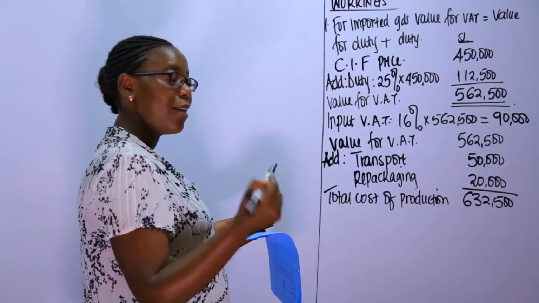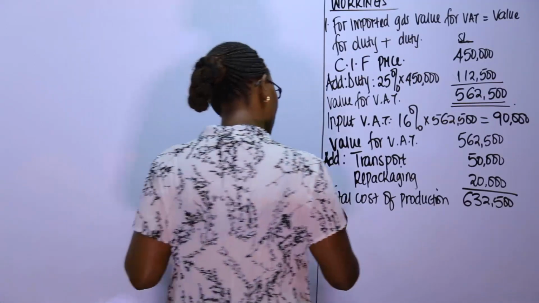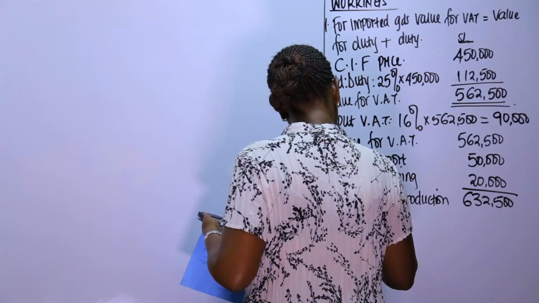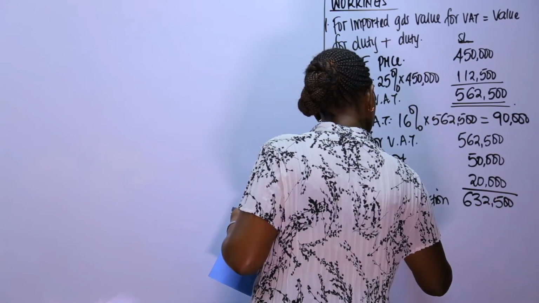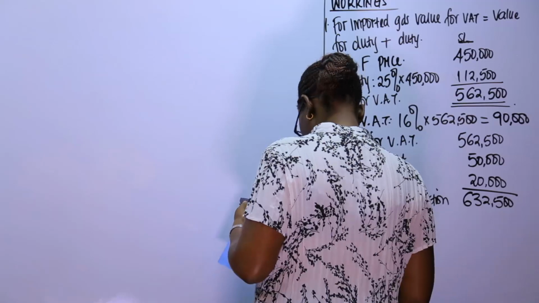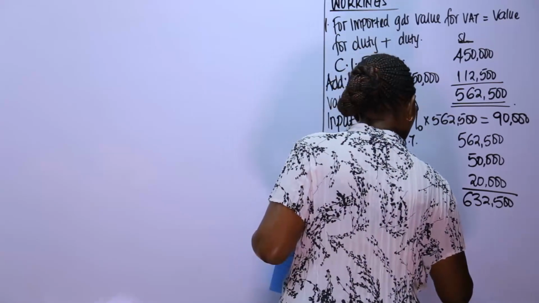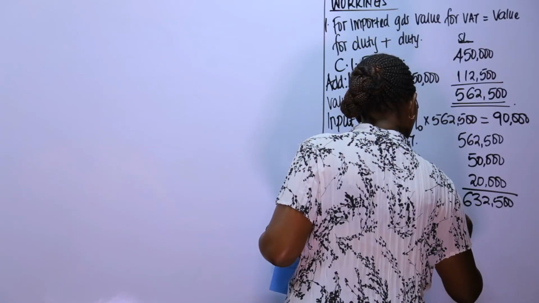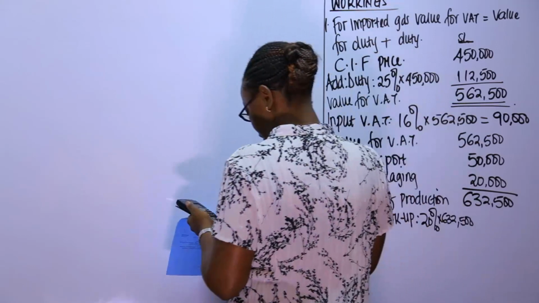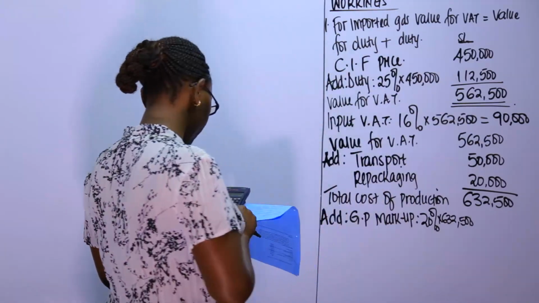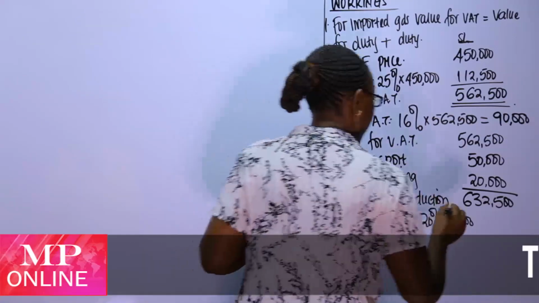So we add the gross profit markup, which is 20% of 632,500, times 20%, giving us 126,500.